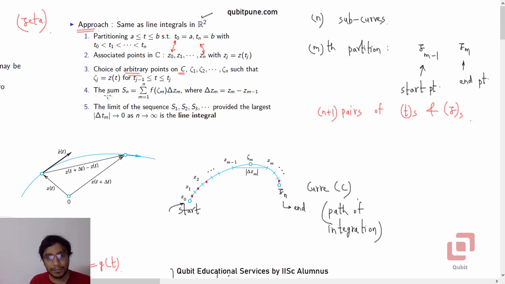Once we do this, we consider the sum, and this sum will resemble the sum that we have already seen in single integrals, along the straight line, or in general line integrals in R2. We first take the product of two entities. The first entity is the value of your function f at the chosen point zeta m, which belongs to the mth subinterval.